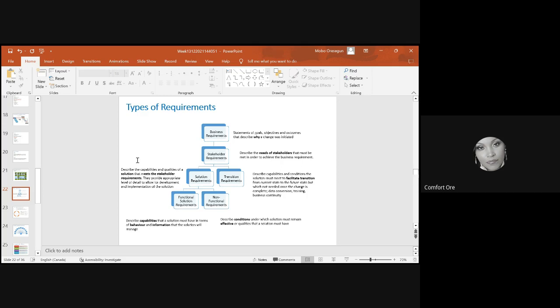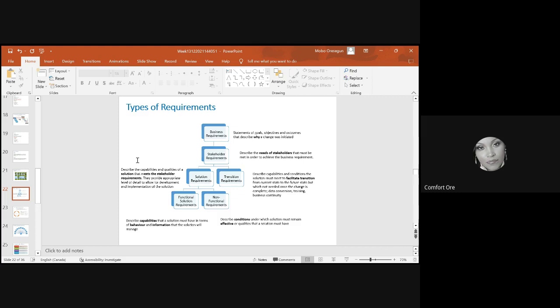So the business requirements will come with the statements of goals, objectives, and outcomes that will describe the problem, that will describe the issue that needs to be changed, or describe why a change needs to be initiated. Or, as we said, another thing, taking advantage of an opportunity.